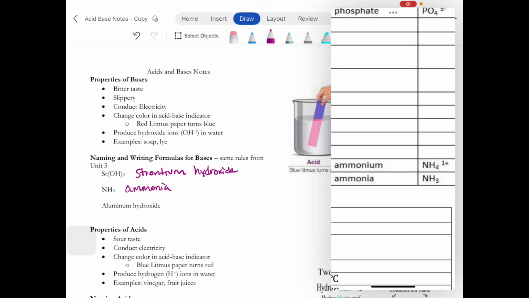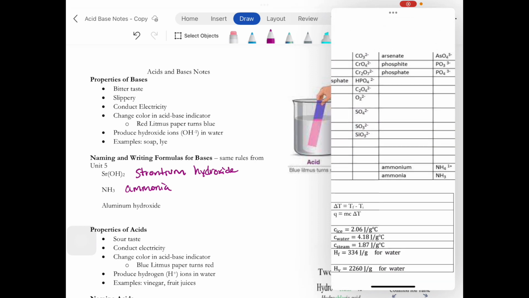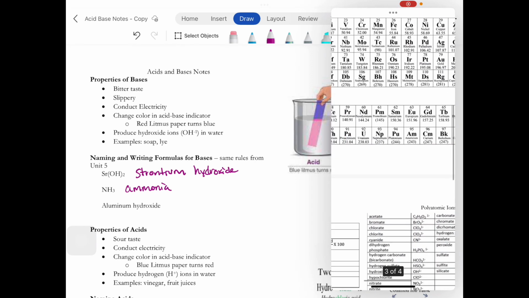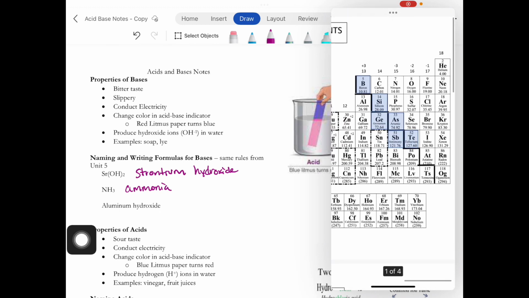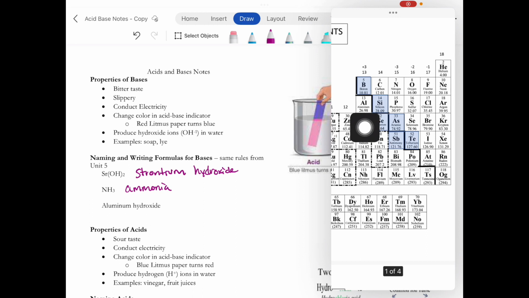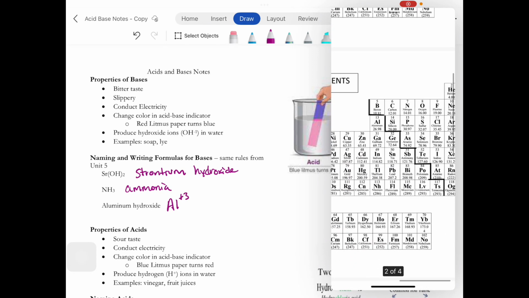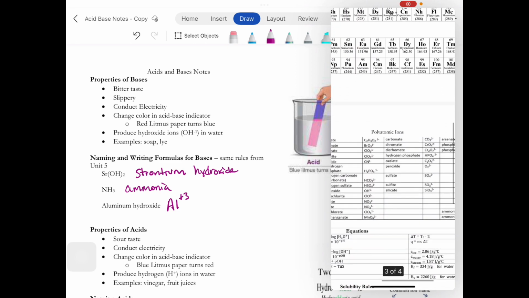And the next one we're going to write the formula for. So remember, these are ionic, so that means we have to cross charges over. So find aluminum. Aluminum is right here. Its charge is a +3. So we'll have Al and then write the charge. Then find hydroxide.